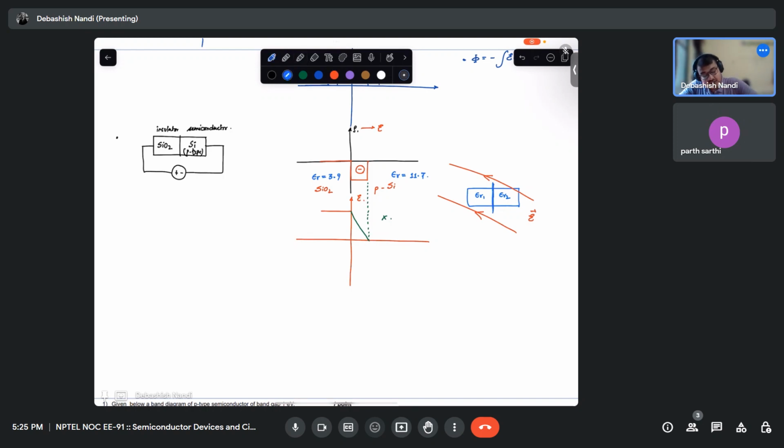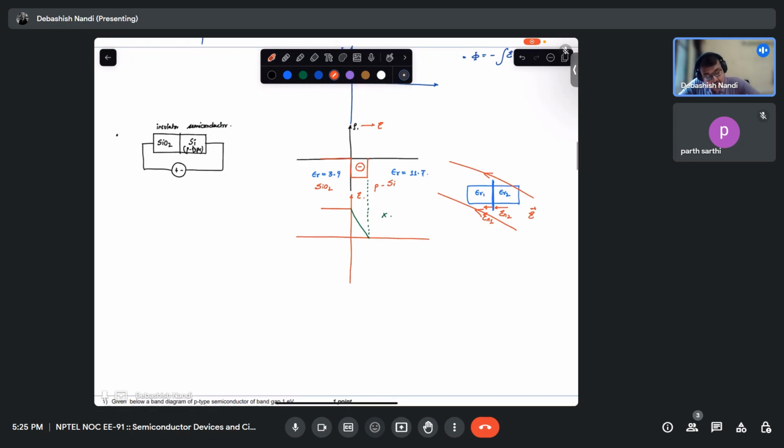what happens is that there will be a component at this side. Let's call this EN1, and there also will be a field component at the right hand side. Let's call it EN2, the normal component. The horizontal component along the surface will get cancelled out, okay?